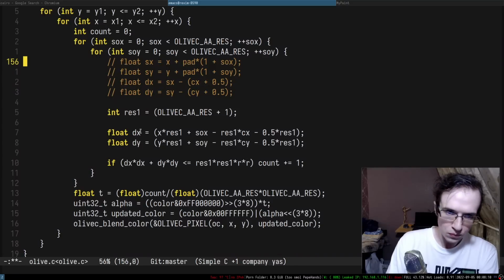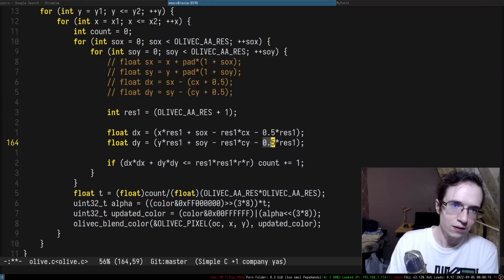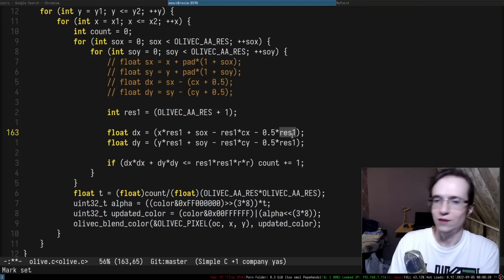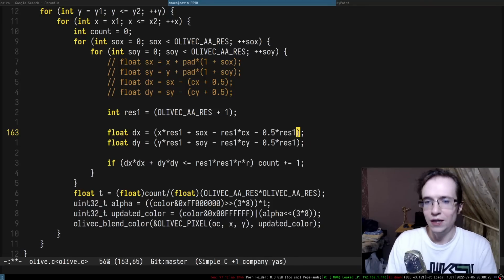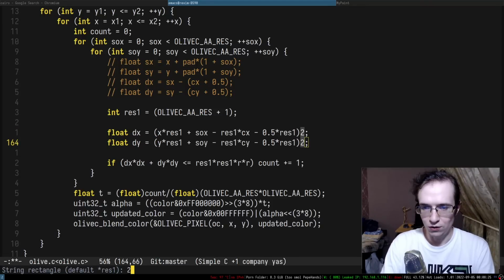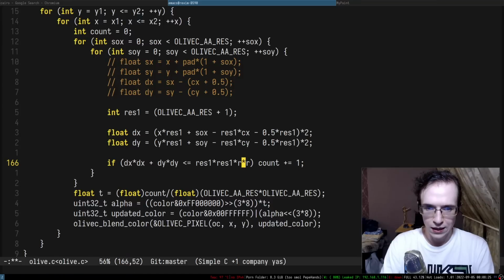But we still have some fractional part in here. We can quite easily get rid of it by always saying that this thing has to be divisible by 2. But we can multiply this entire thing by 2 as well. So we can just do something like multiply by 2, multiply by 2.